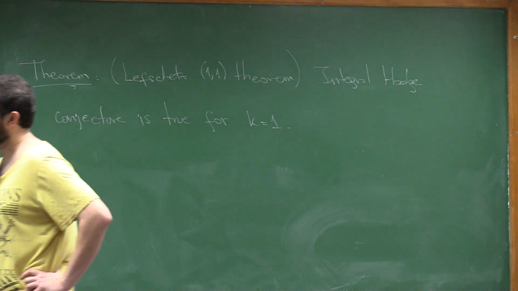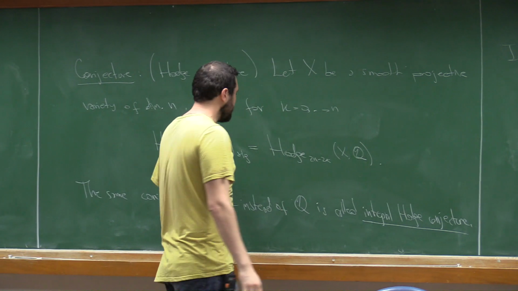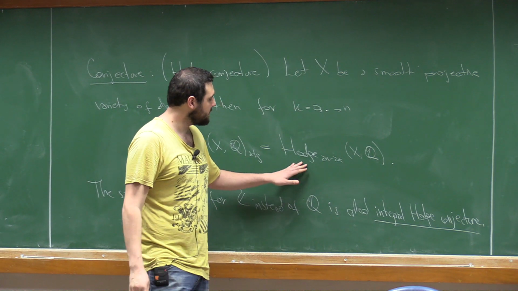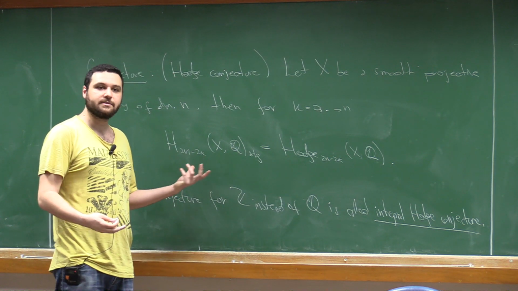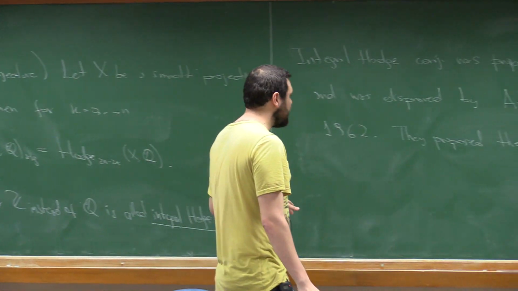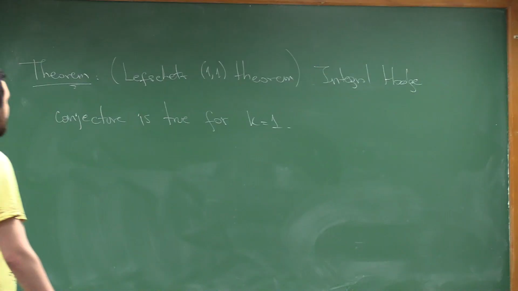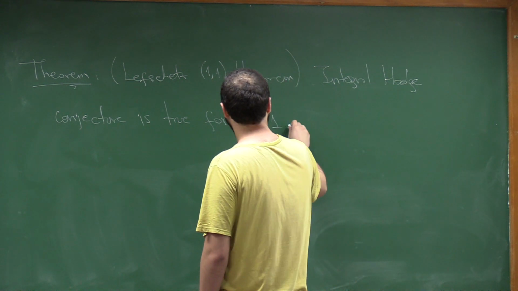Right? For codimension 1 subvarieties of X, we know that every Hodge cycle is supported in a sum of divisors. This is the Lefschetz 1-1 theorem. And it's true for integer coefficients, right? The integral Hodge conjecture.